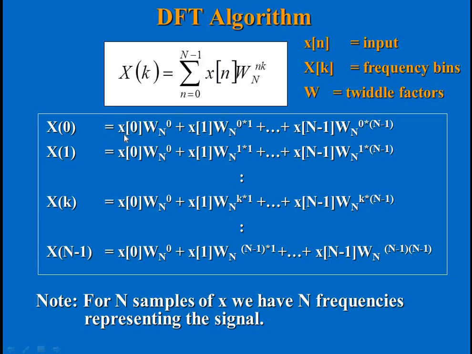So we require N multiplications to find a single value of k, and the additions required are N minus 1.